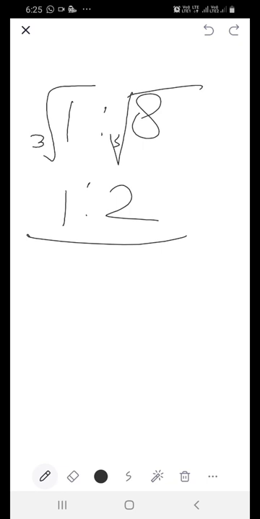Now what do you mean by compounded ratio?